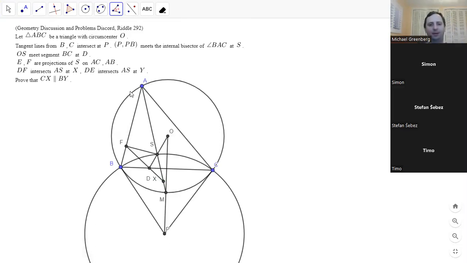Yeah, it seems kind of silly, like they would make the problem look harder than it really is just by them both being perpendicular.